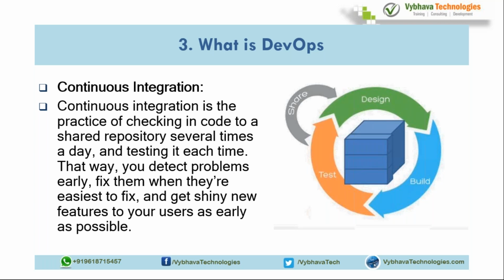We can fix the issues in different areas, because they are delivered to the different integration teams. New features are always welcome, and they are developed and used by the users, and as early as possible we work on the issues and features. That is the easiest way if you have continuous integration in place. So DevOps always looks at the third phase as continuous integration. Okay, so that is about continuous integration.